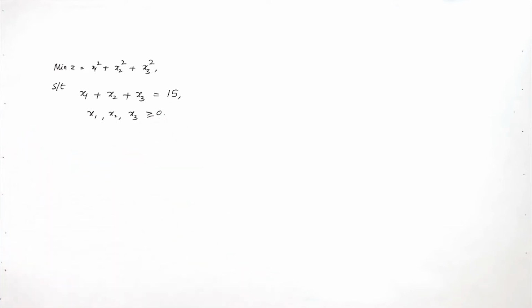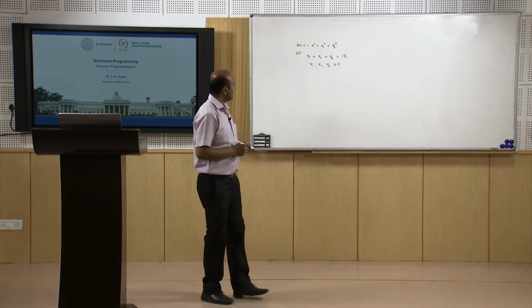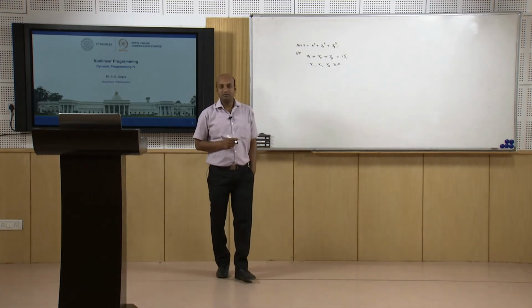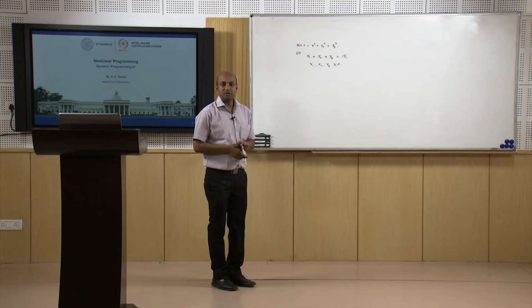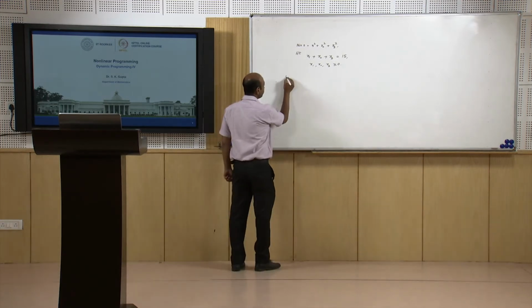We first mark out some state variables. How many variables are we having here? 3 variables, so we will mark 3 state variables. Let k1, k2 and k3 be the state variables.